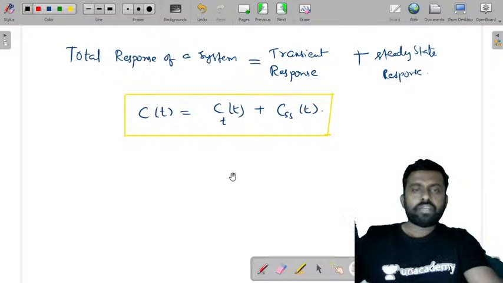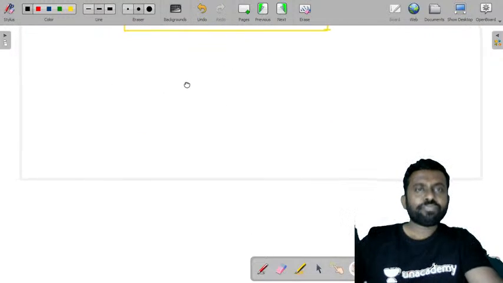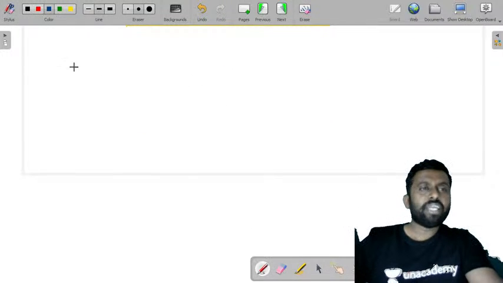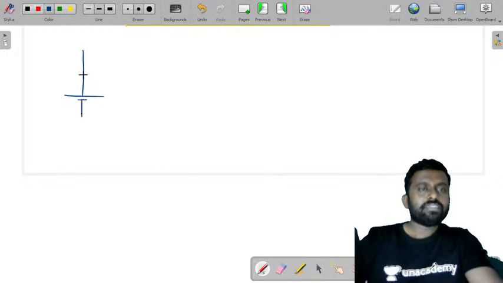That is our topic for today. Now I'll just give you an example first. Let's say you have a circuit like this. You have one circuit. Let's say a capacitor is connected like this to this circuit.